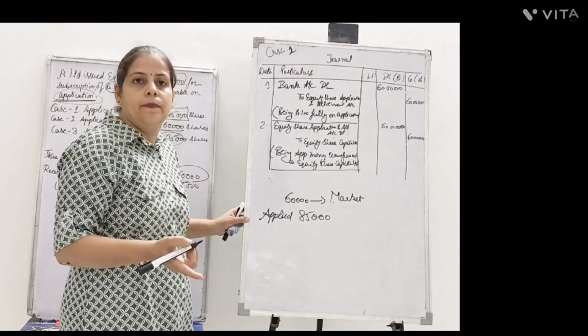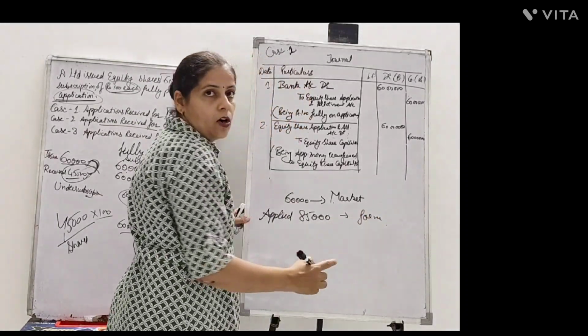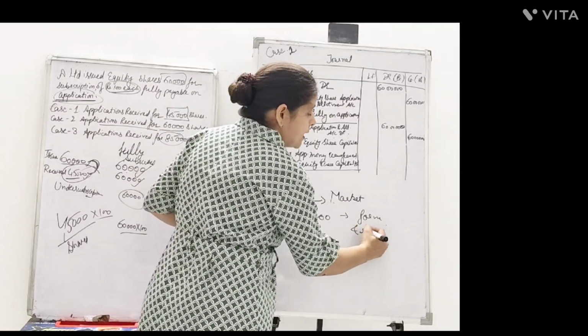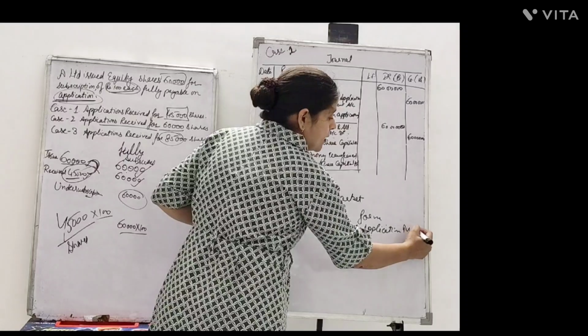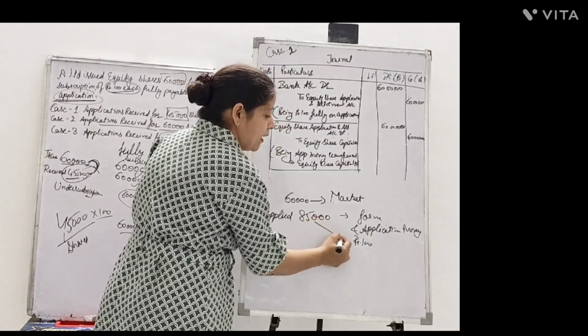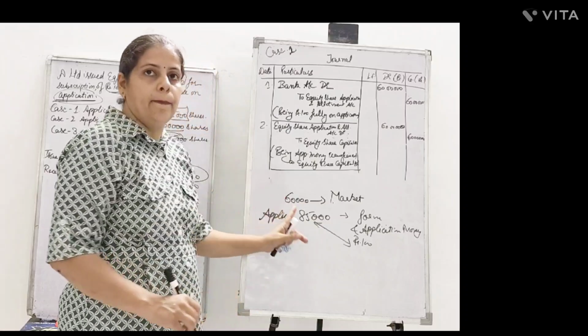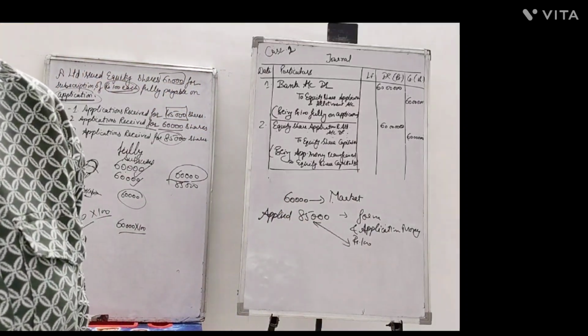Now how will they apply? By filling a form, right, and also paying the application money. How much application money was payable here? That was rupees 100. So 85,000 people applied for the shares by paying rupees 100 each.